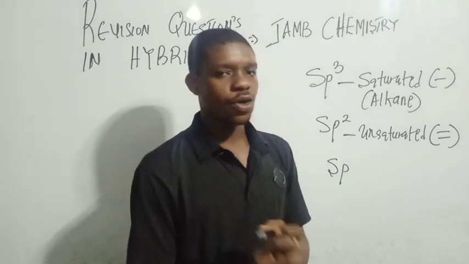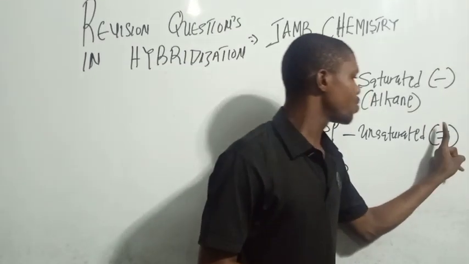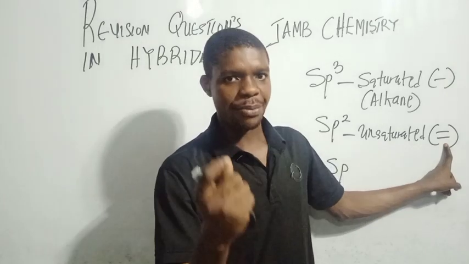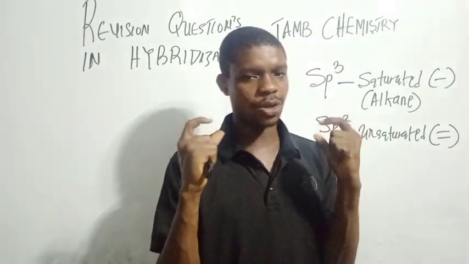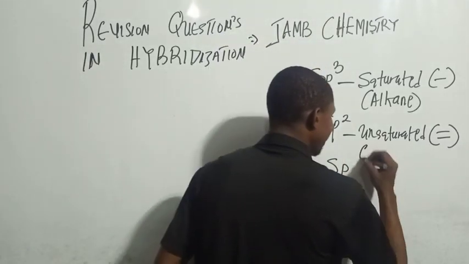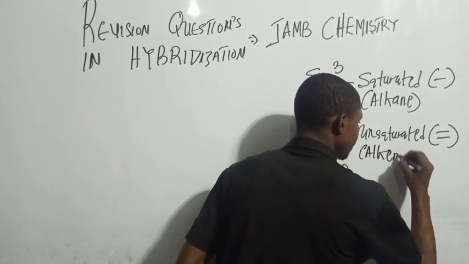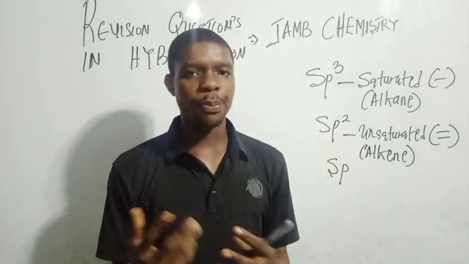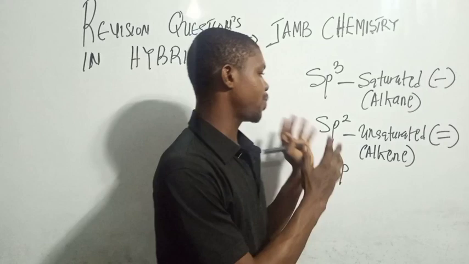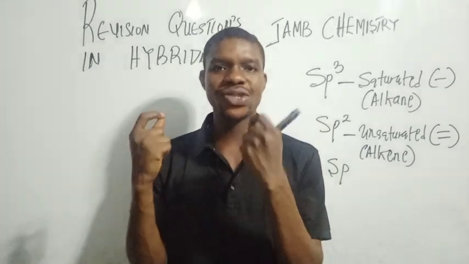Now the double bond contains one sigma bond and one pi bond. You have to take note of that. An example is the alkene. So compounds that possess a double bond are called sp2 and are called unsaturated.